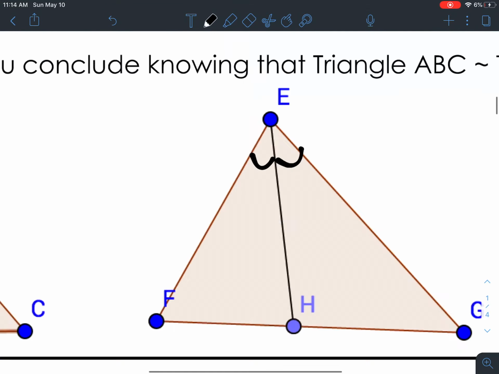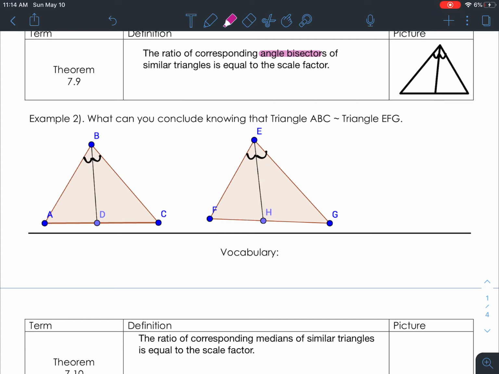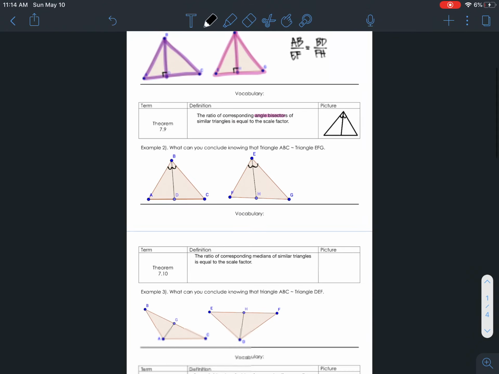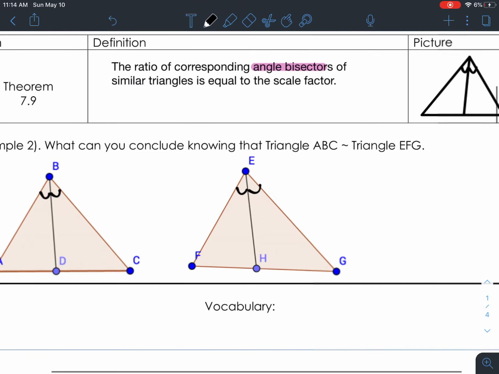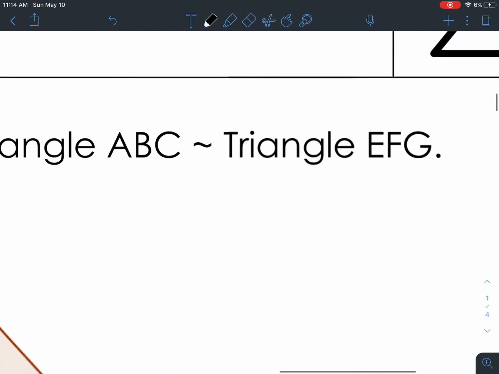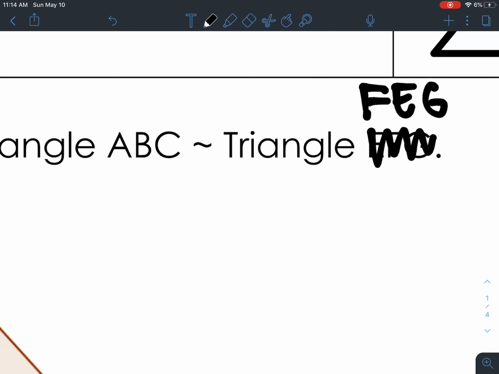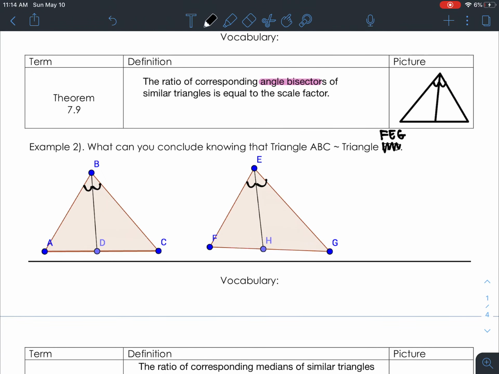My question is, is that notation okay, that I'm saying that all 4 of these angles are congruent? Well, I need to change something here, guys. Sorry, my similarity statement is not correct. In this one, I need it to be FEG.